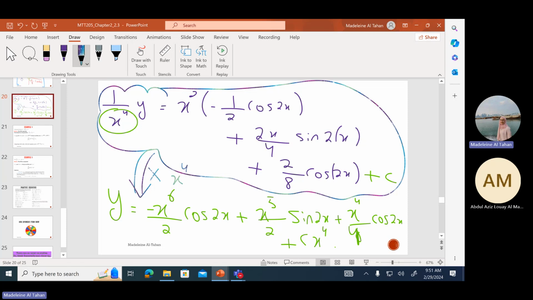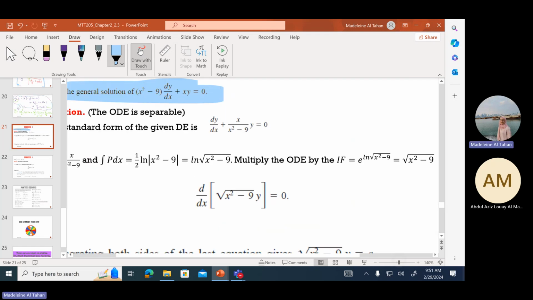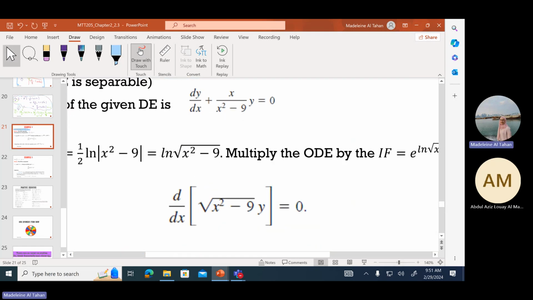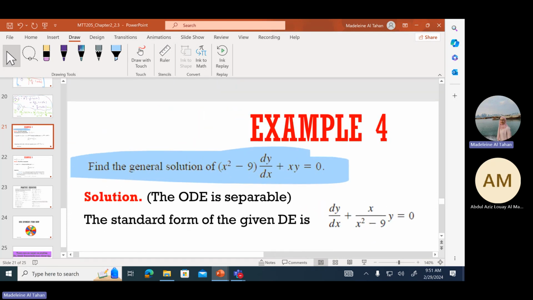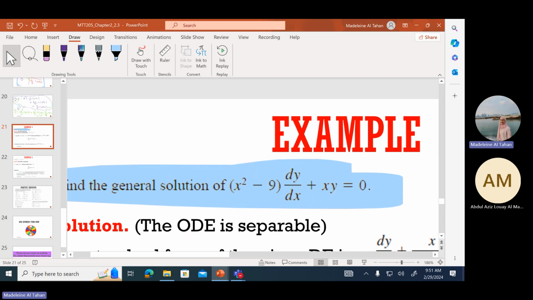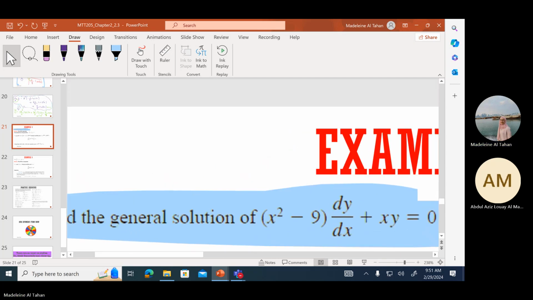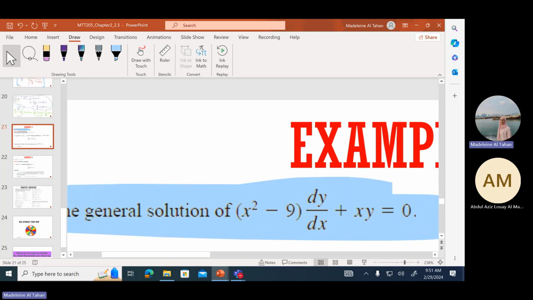Let's solve this one because it's a little bit different. I need you to solve it using the integrating factor. Put the notes in front of you. Let's take around 5 minutes to solve it, and then we will give feedback.